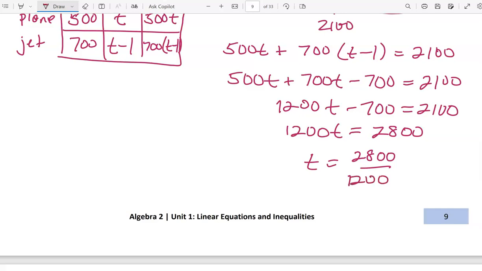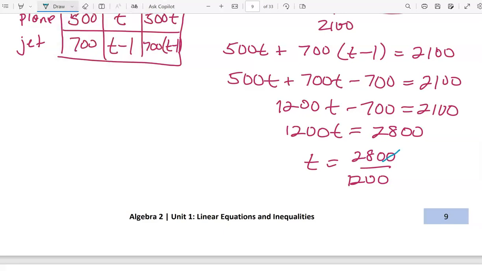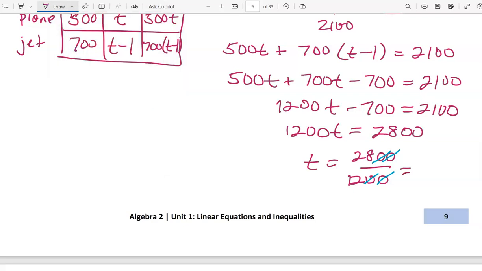And if you've ever heard of striking zeros, that just means reducing your fraction by powers of 10. So divided by 10, divided by 10. Now we have 28 over 12, and that reduces by a factor of 4 to 7 over 3.